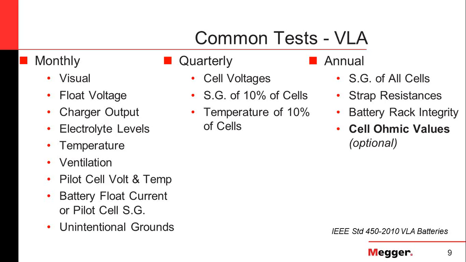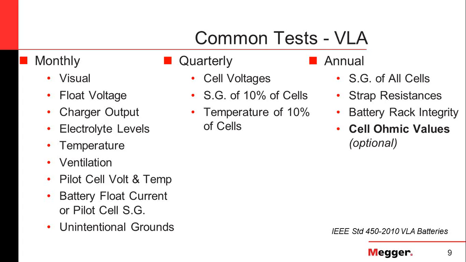Then you get into quarterly, where you're doing more cells with regards to temperature and specific gravity, and you're going to do all of your cell voltages. And then on an annual basis, you're doing the specific gravity of every cell, your strap resistances, and the battery rack integrity.